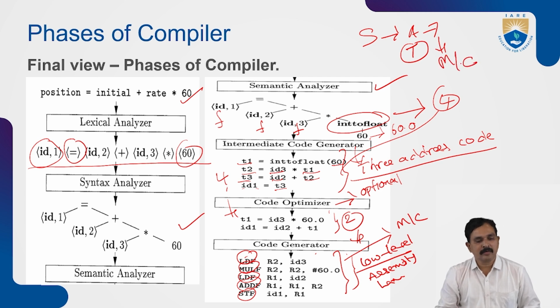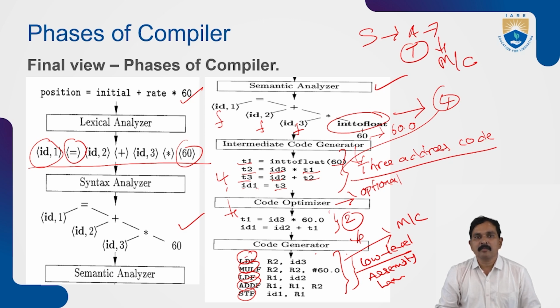So these are the important phases. From a machine-independent point of view you may consider code optimization as a single phase.